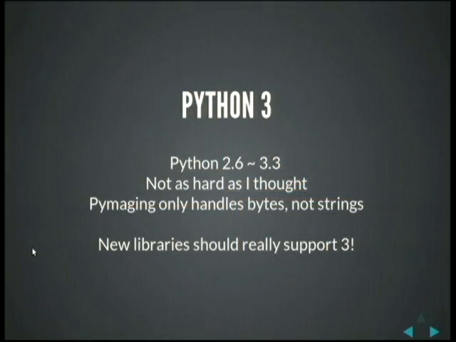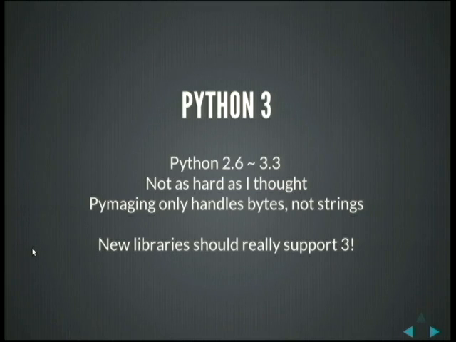It does support Python 3, because, as you saw, it started in 2011. Python 3 was already around. So if you start a new project right now that doesn't depend on anything that has to stay on Python 2, you should really, really, really do Python 3 as well. For this project in particular, it wasn't as hard as I thought.